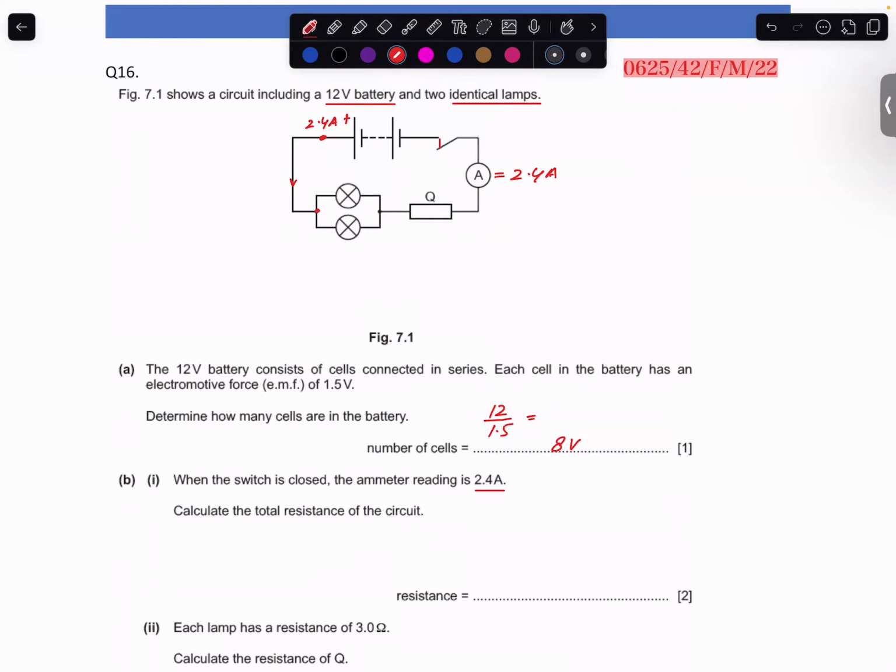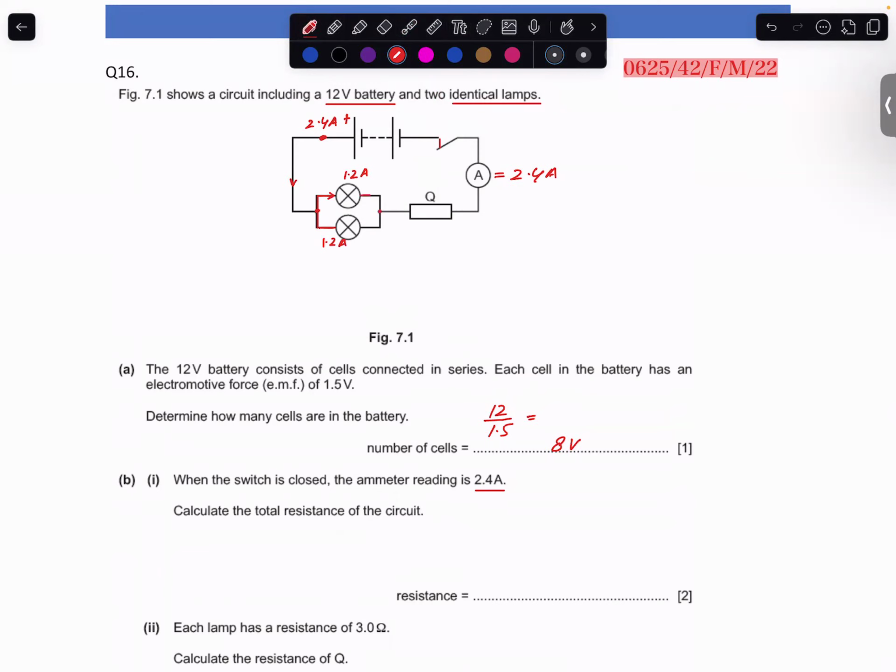At this point the current is divided into two parts, and this current will be equal in both bulbs. The reason is that the lamps are identical, so the current will be divided equally, that is 1.2 ampere in this part and 1.2 ampere in this part.